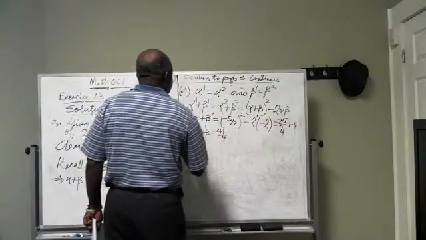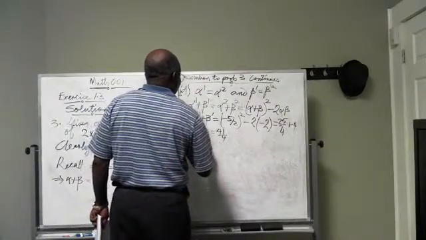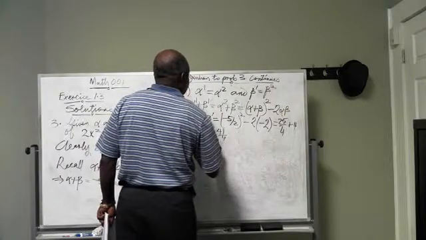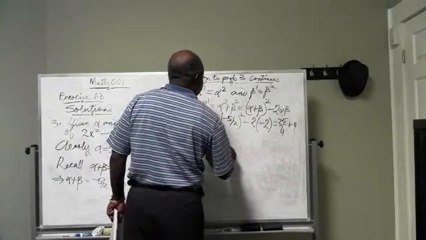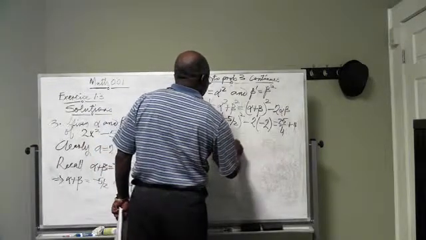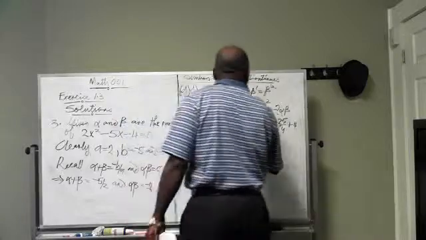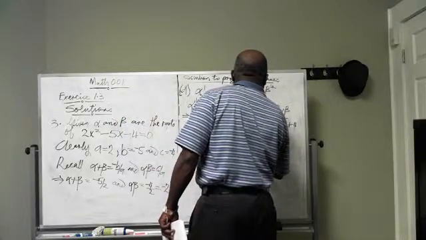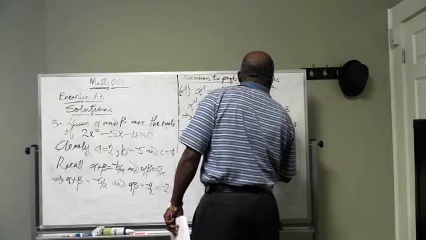Alpha prime beta prime equals alpha squared beta squared, which is equal to alpha beta all squared, which is equal to minus 2 squared. That's equal to 4.